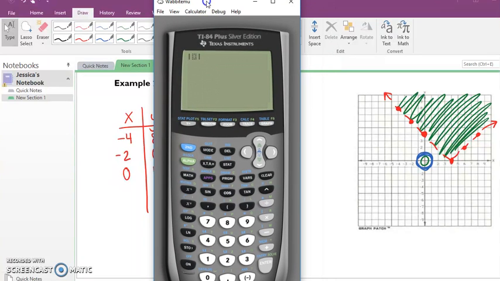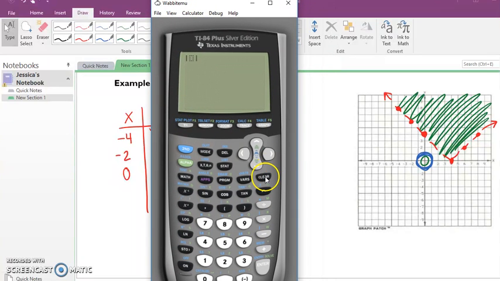Or if you have an older version of the calculator and it doesn't have the new operating system, alpha window actually will not work for you. Your other option is to go second catalog, and it's the very first one on there. So the first one is ABS, and that will also get you your absolute values. But again, that only is necessary if you have the older operating system of this calculator.